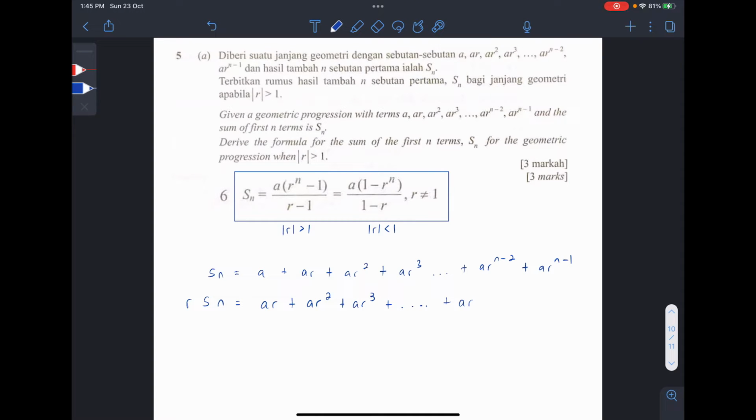What happens when you multiply it with r? r has a power of 1, so ar^(n-2+1), negative 2 plus 1 is just negative 1. It will be ar^(n-1). And for the last one, it will become ar to the power of n. n minus 1 plus 1, negative 1 plus 1 is 0.